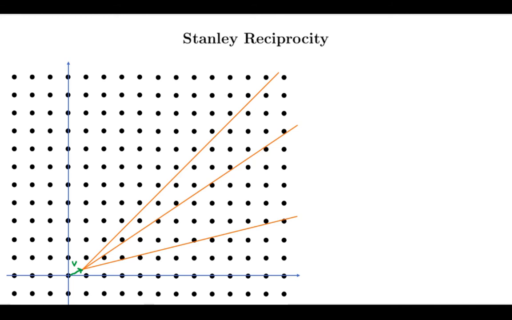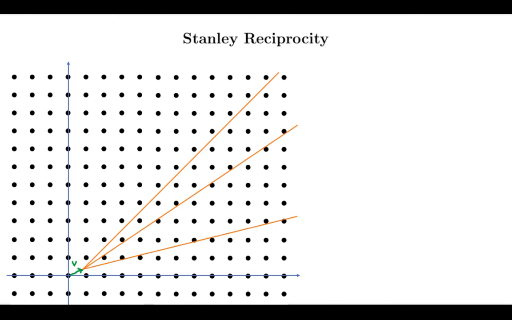Number one, this means I'm now ready to use the initial theorem for simplicial cones with no points on the boundary. I have a reciprocity theorem now for each individual simplicial cone. But number two, this reciprocity theorem will, on the other side, get me negative v plus each cone.